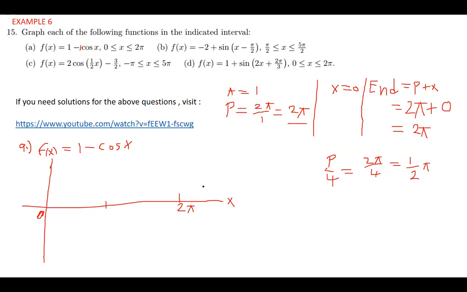I'm going to be adding 1 over 2 pi to everything here. So 0 plus 1 over 2 pi, I'll still get 1 over 2 pi. Then 1 over 2 pi plus 1 over 2 pi, half plus half, we all know that it's pi. This is the pi that I wrote here, the half of 0 and 2 pi. And then from there, pi plus 1 over 2 pi, we're going to get 3 over 2 pi.